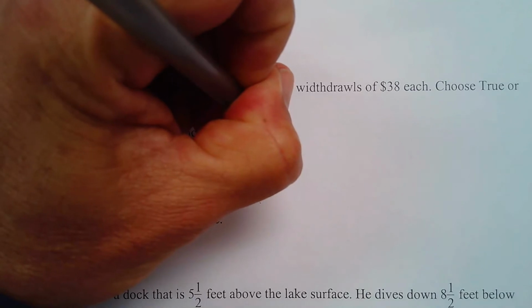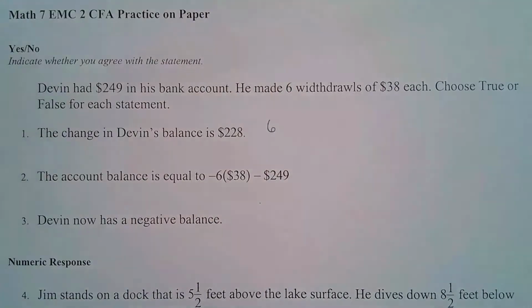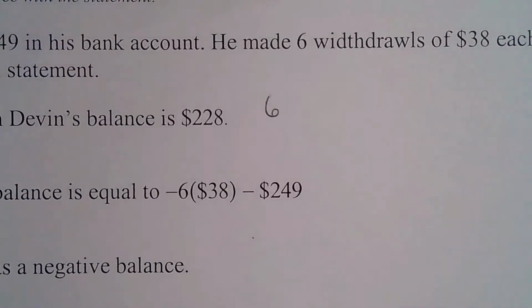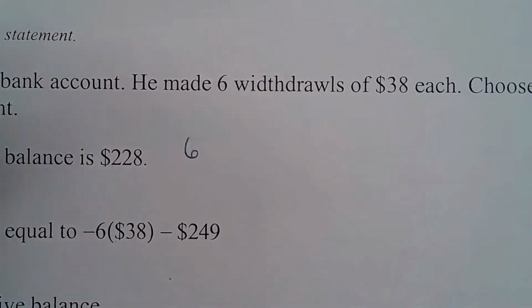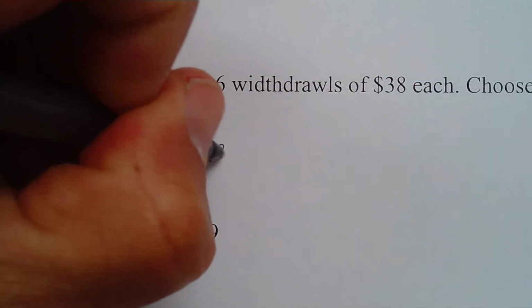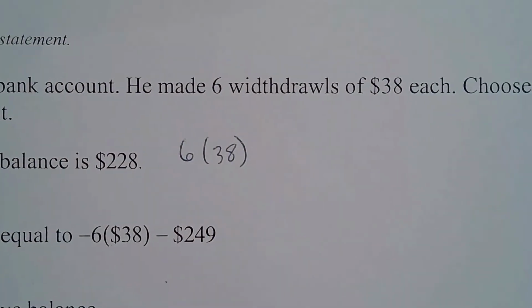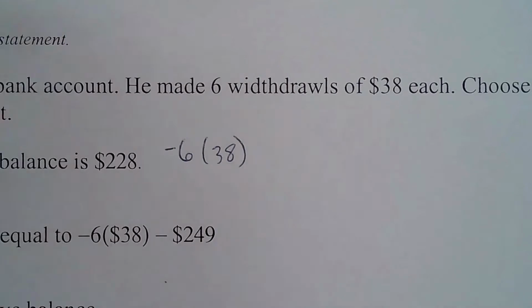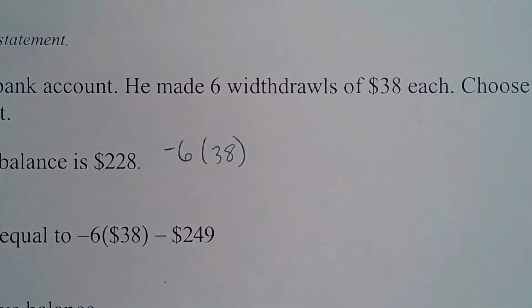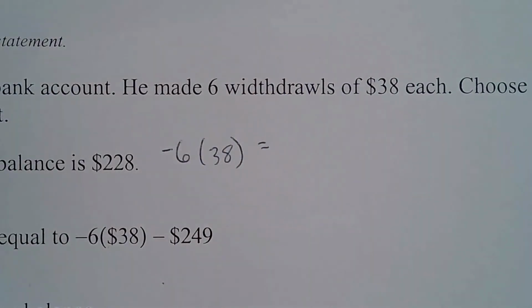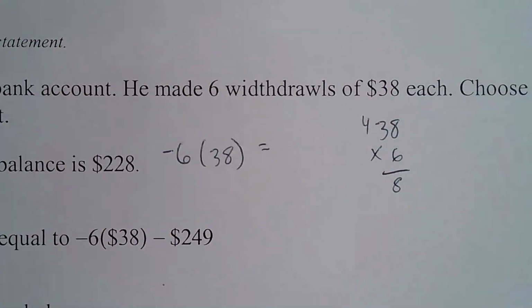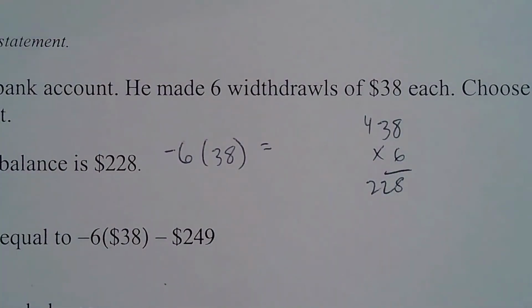Withdrawal means you take money out. So I'm going to zoom in here. 6 withdrawals of $38. So if you withdraw, you take money out, so that's a negative. And so I'd multiply 6 times 38. Well, let's see. 38 times 6 is $228.